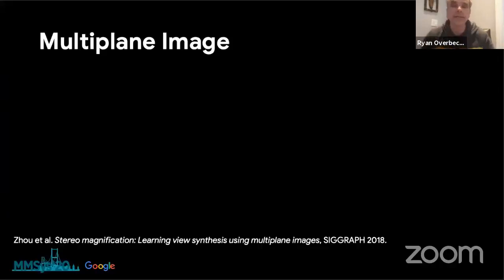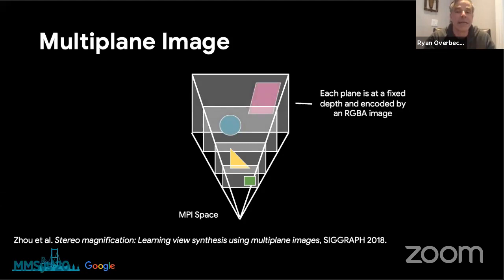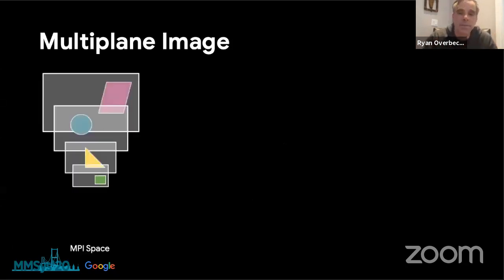So this multi-plane image, or MPI geometry, is really fundamental to getting our improved view synthesis. So I'm going to go over the details of this geometry real quick here. An MPI is a layered representation. It consists of a set of planes distributed in depth, and each plane has an RGBA texture map on it.